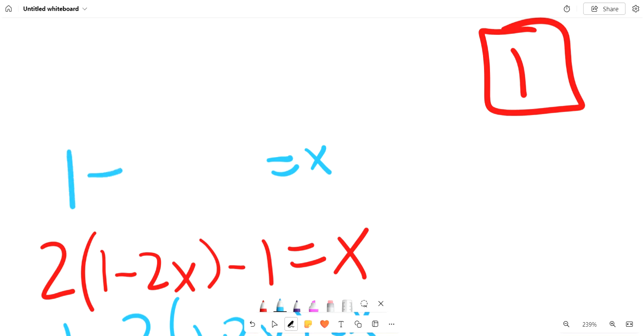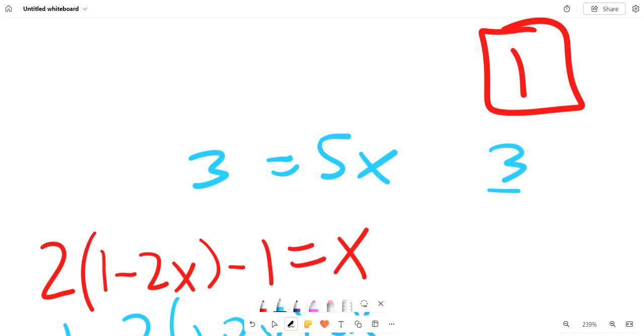Sorry, so it's just 1 minus 2 times 2x minus 1. And expanding this, we get 1 minus 4x minus 2, and this is just equal to 1 minus 4x plus 2. And that equals x. So combining these, we get 3 equals 5x. So our solution is 3 over 5.